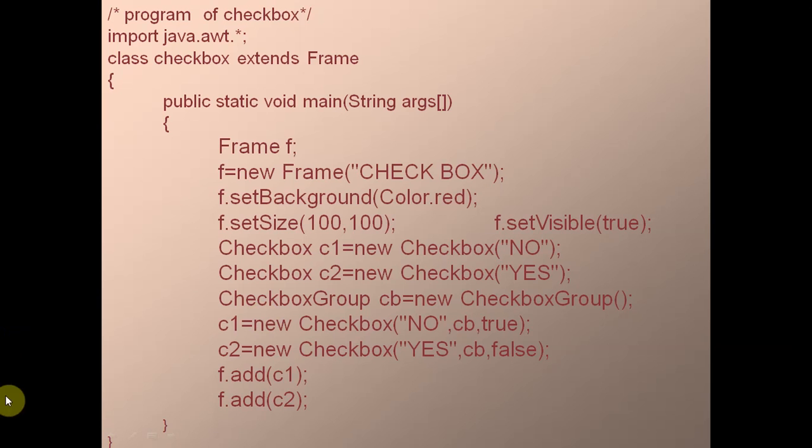So finally we are adding f.add(c1) and f.add(c2). So this is inside the checkbox group. In case of a checkbox group, we can select only one checkbox. Otherwise we can select all the checkboxes. Suppose we have 3 or 4 checkboxes, then we can select all of them. But in case of a checkbox group, we will select only one checkbox. So thank you guys, thank you very much.